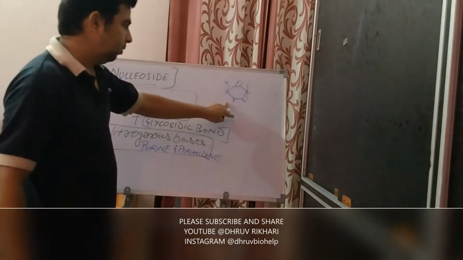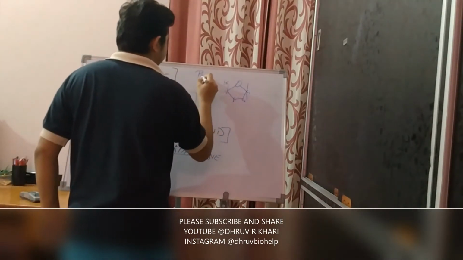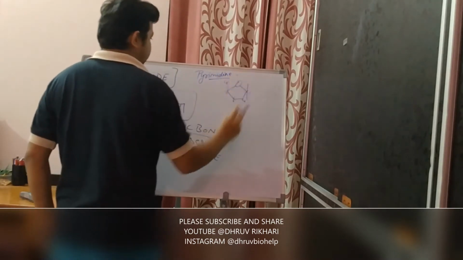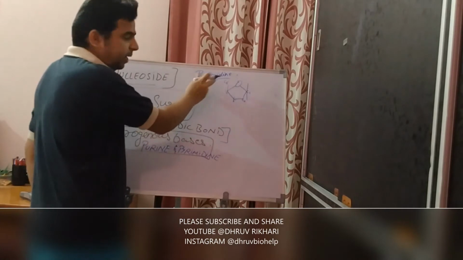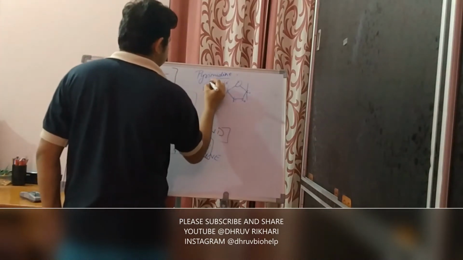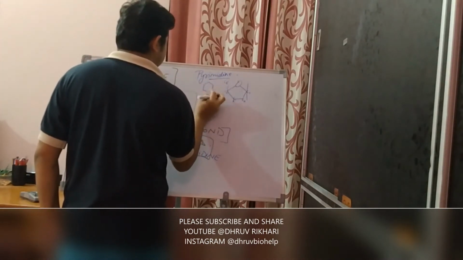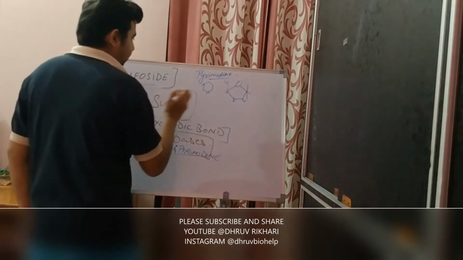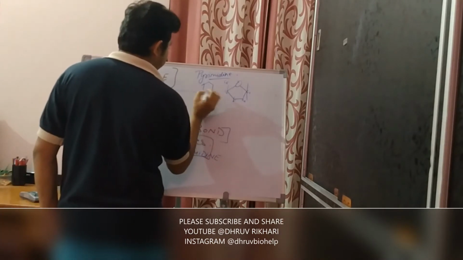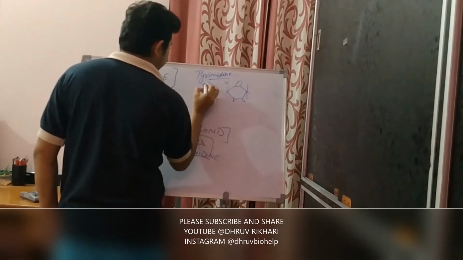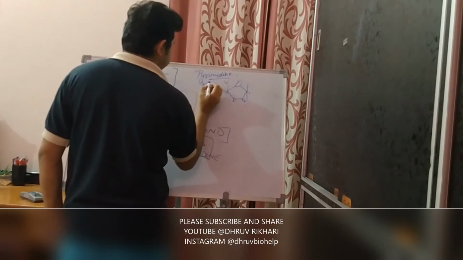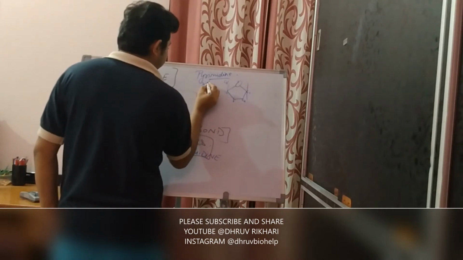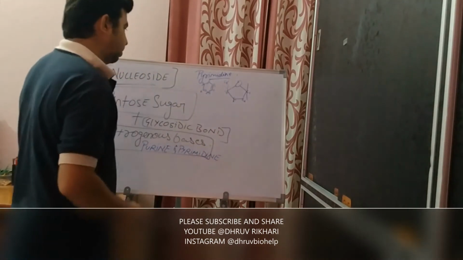Now we are talking about binding pattern in pyrimidine, and we know that pyrimidine is a single benzene ring structure having two nitrogen. So this is nitrogen 1, 2, 3, 4, 5 and 6. So these are the bond formed.